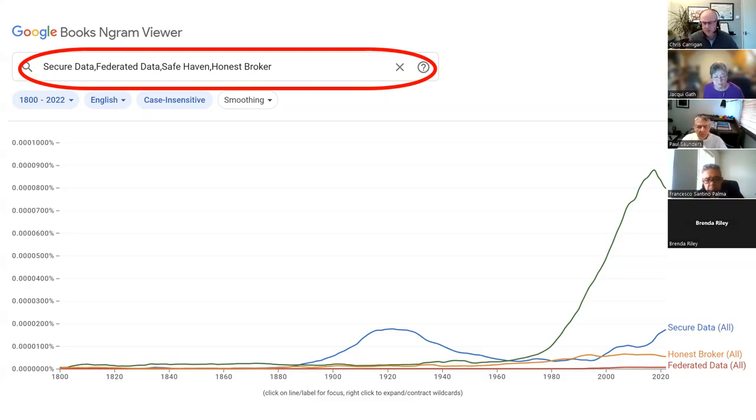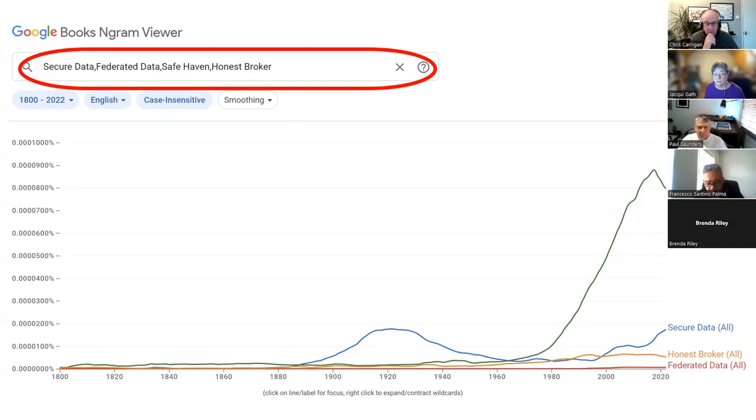It's been used for a long time, for 60 years. Secure data became more popular in usage up into the 1920s. I don't know why, probably because of the First World War, maybe. Who knows? There's no answer to these things, but it's an indication that these terms are not new. They've been used for a long time, particularly safe haven and secure data.